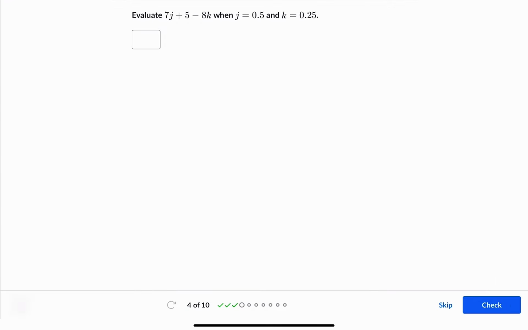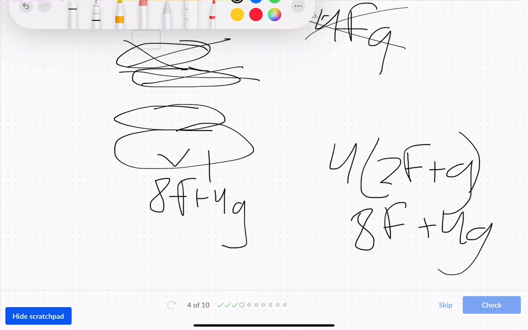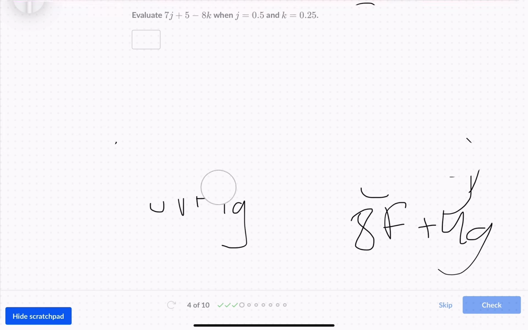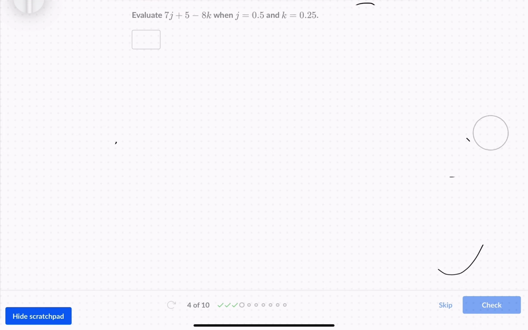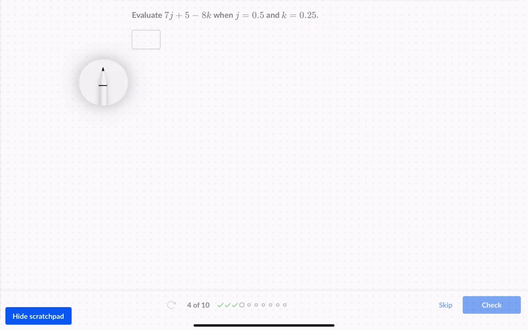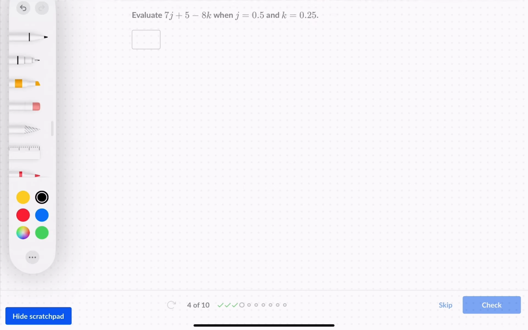Okay, our next one is evaluate 7j plus 5 minus 8k when j is equal to 0.5 and k is 0.25. So we'll plug this in for everything.